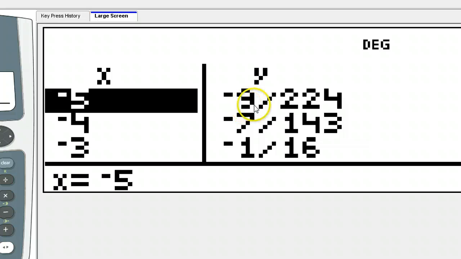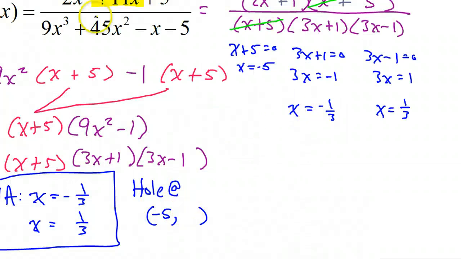Okay, that's -9 over 224. Interesting. I'm going to need a bigger set of parentheses. So that's -9 over 224. Okay, so there's my hole.